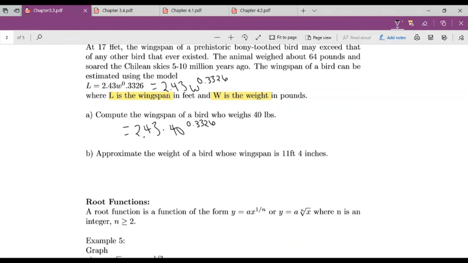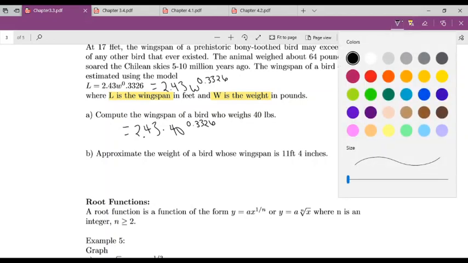Part B says approximate the weight of a bird whose wingspan is 11 feet 4 inches. This is when it pays to know that the wingspan is in feet. It gives it to me as 11 feet 4 inches, and I can't just plug in 11 feet 4 inches. What I need to do is convert this into just feet.